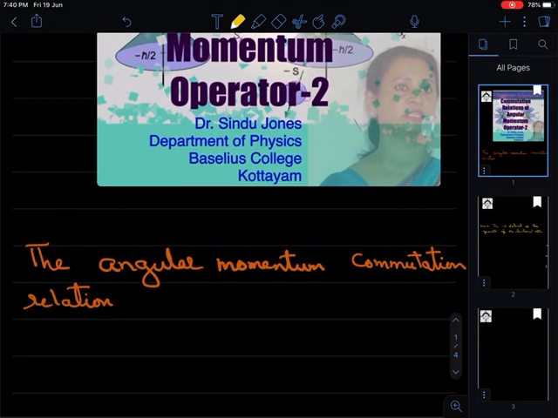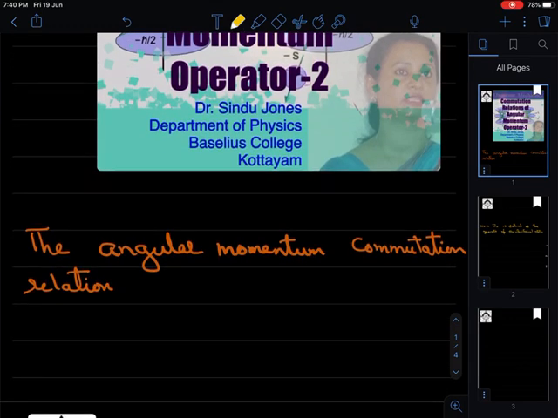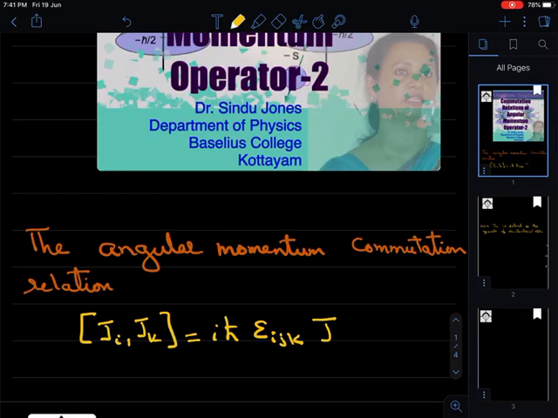It just says that the angular momentum commutation relation, that is [Ji, Jj] is equal to iħ epsilon ijk Jk.